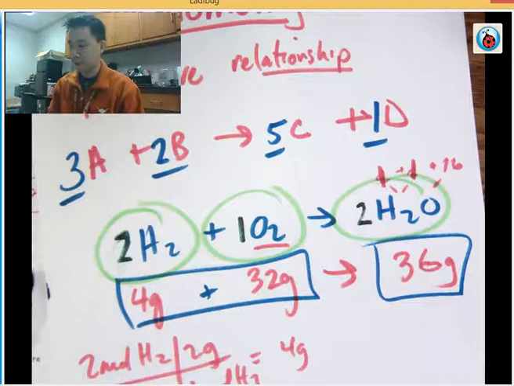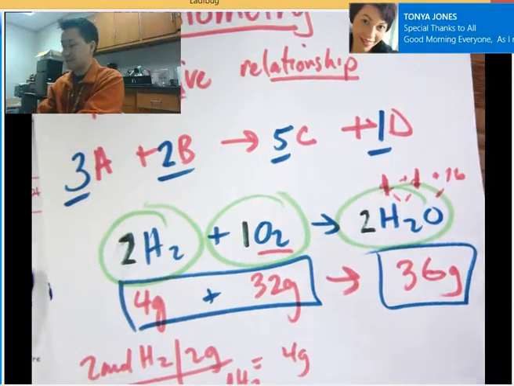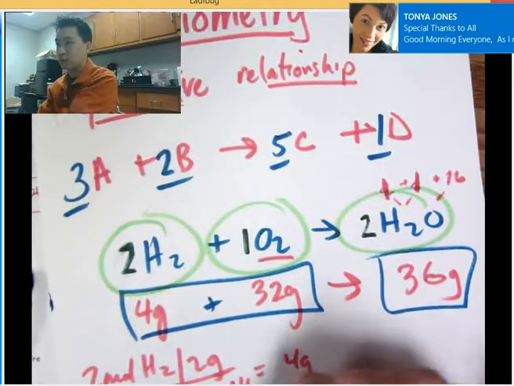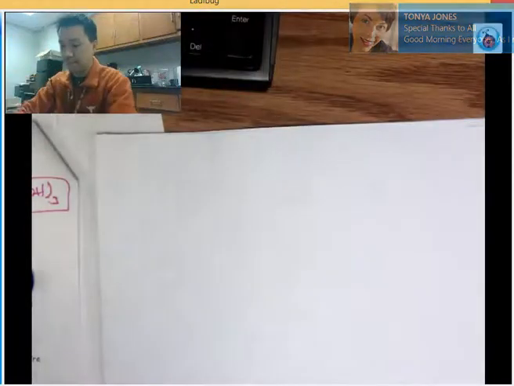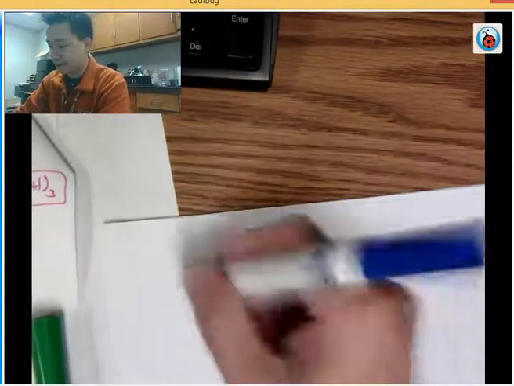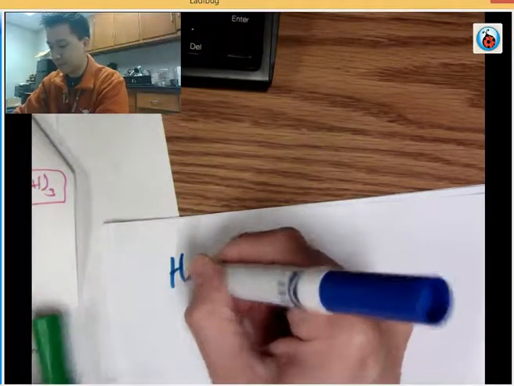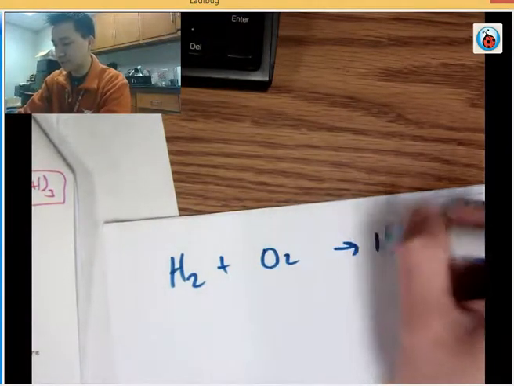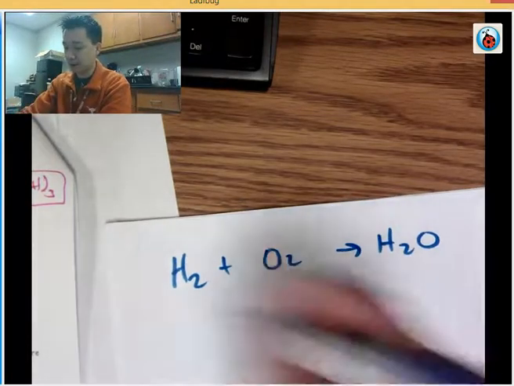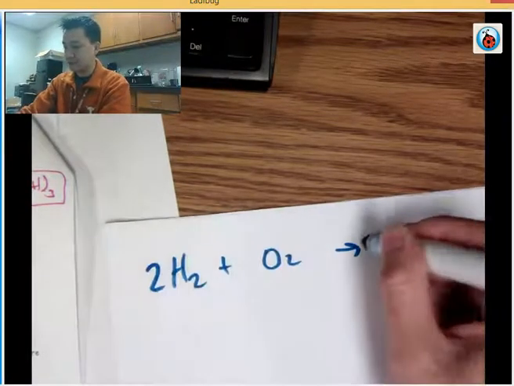Okay? And so, in today's lesson, let's use that equation again. H2 plus O2 gives you H2O. Alright, and there's the 2 there, there's 2 there, there's the 1 there.